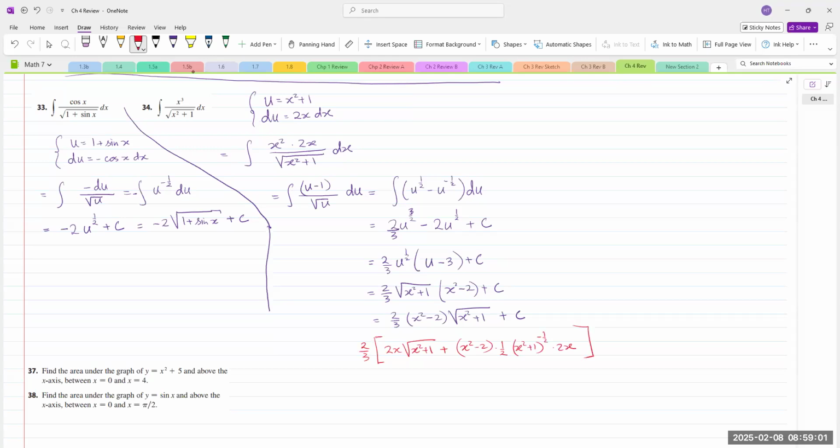Okay, now I have common factor square root of x squared plus 1. I also have common factor x, right? On the first term, I take the x out. I have 2 times x squared plus 1 plus, I take the x out and this guy out, so I have x squared minus 2.